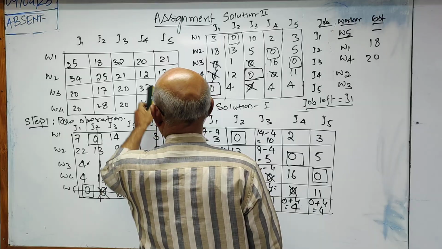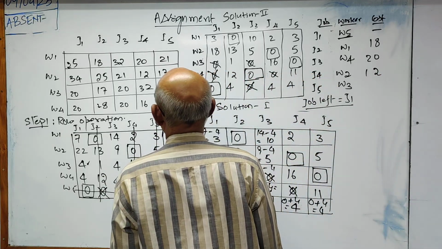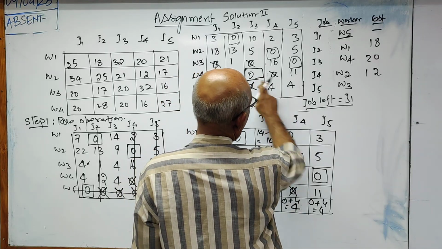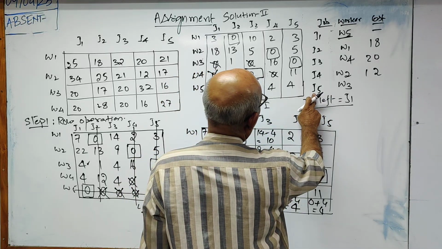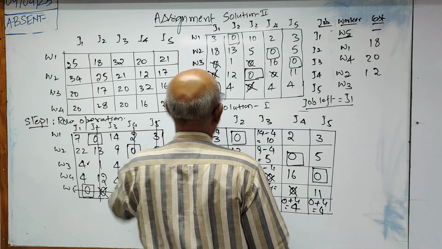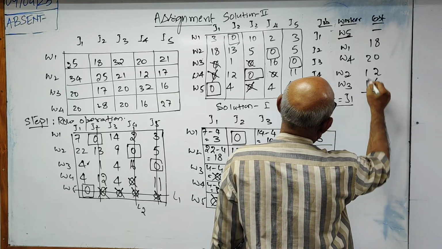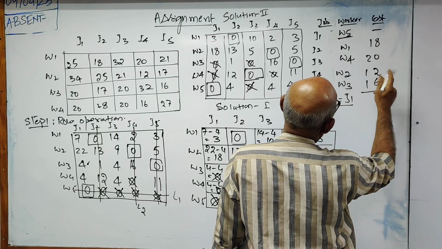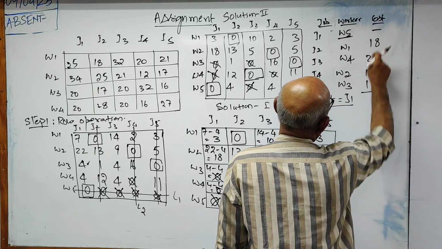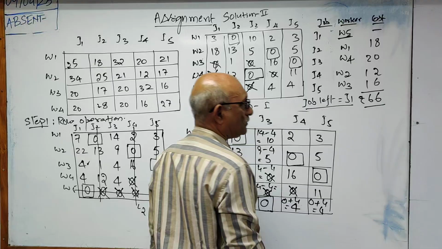Job number 4 assigned to worker 2, 12 rupees. Job number 5 assigned to worker 3. 66 rupees is the assignment cost.